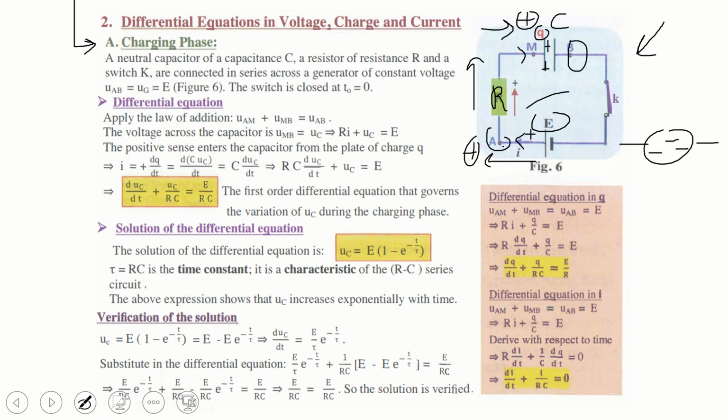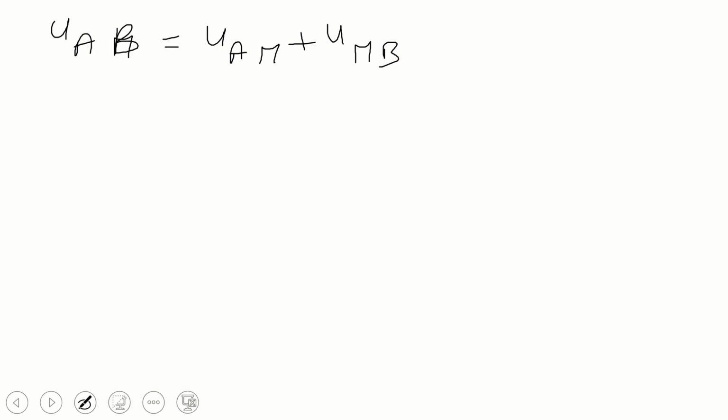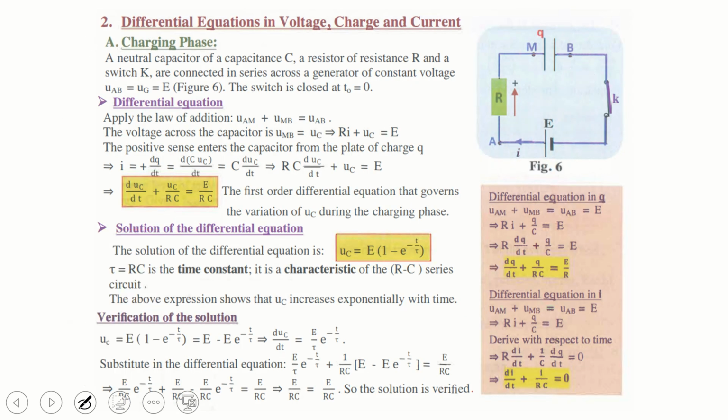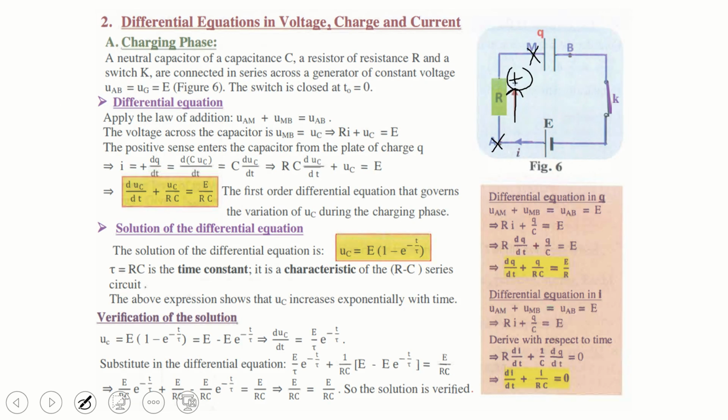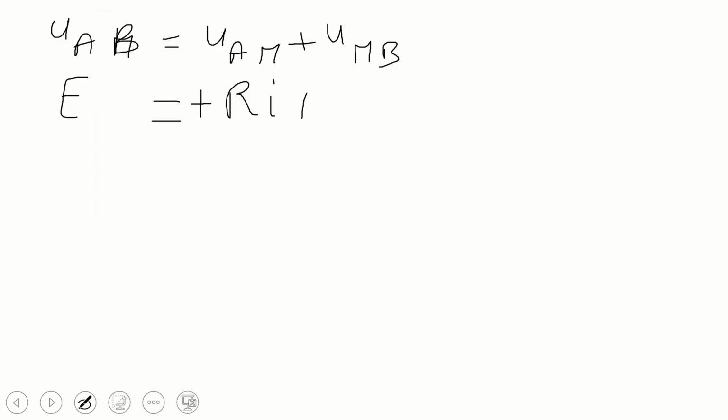UAB is the voltage across the generator, so it equals E. UAM is the voltage across the resistor with the positive sense, so plus Ri. UMB is the voltage across the capacitor. M is the positive plate and B is the negative plate. So UMB is the positive voltage, so plus UC.